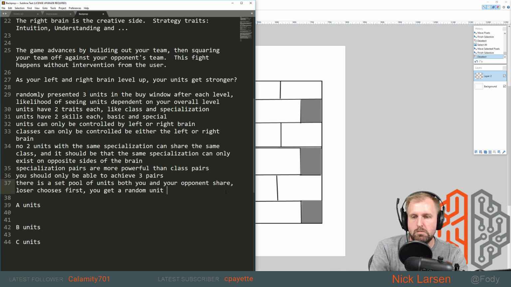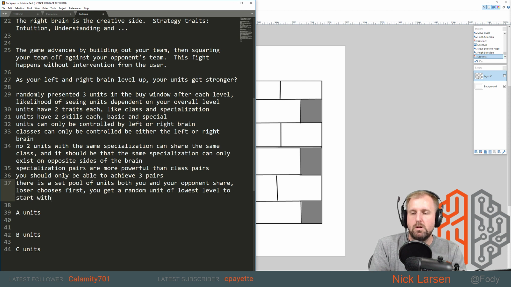A random unit of lowest level to start with.